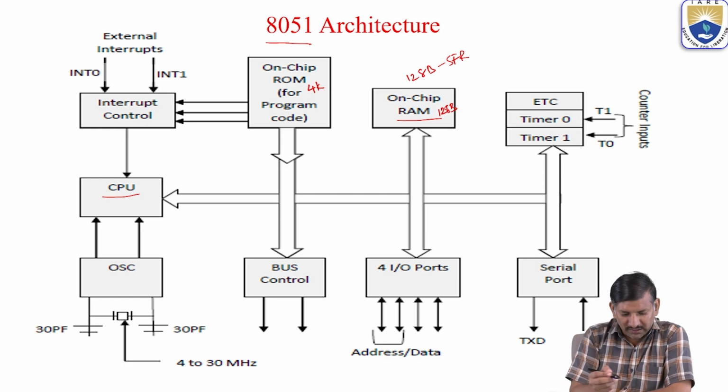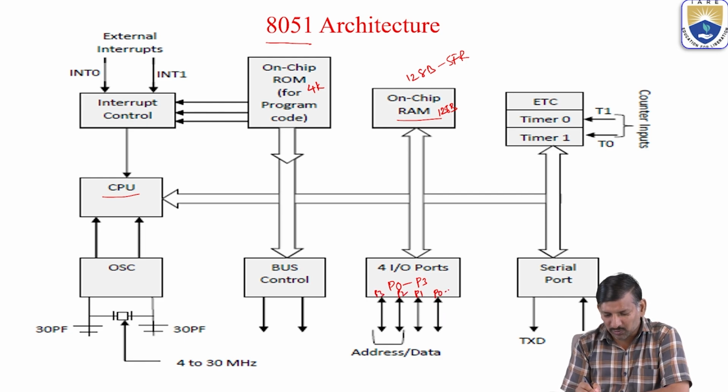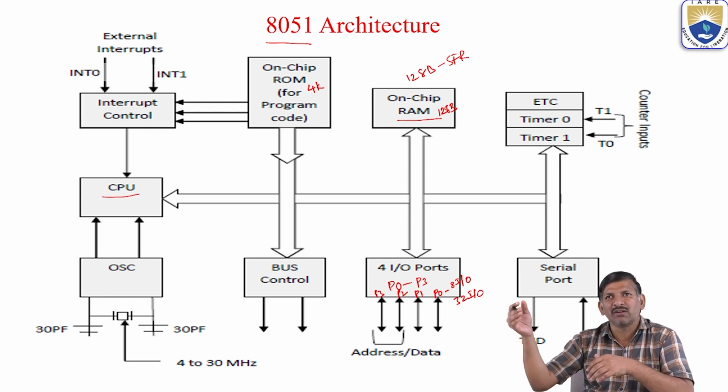It contains 32 IO pins: port 0, port 1, port 2, port 3. Each port contains 8 IO pins, totally 32 IO pins for interacting with the external world.